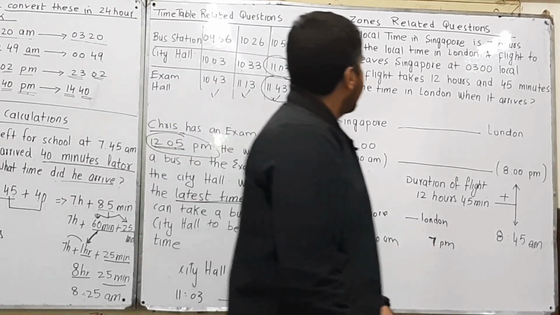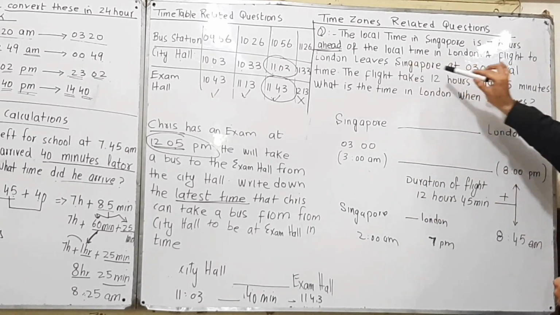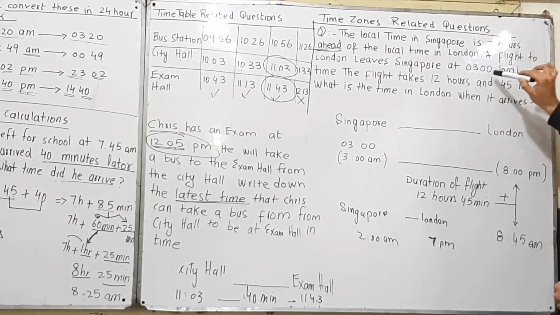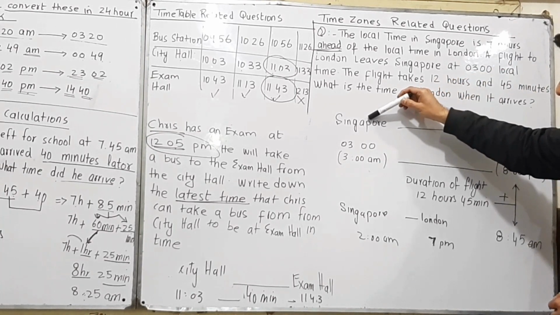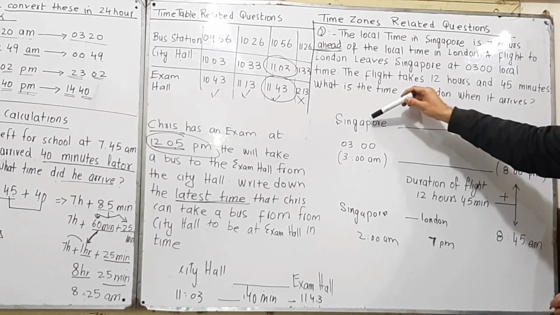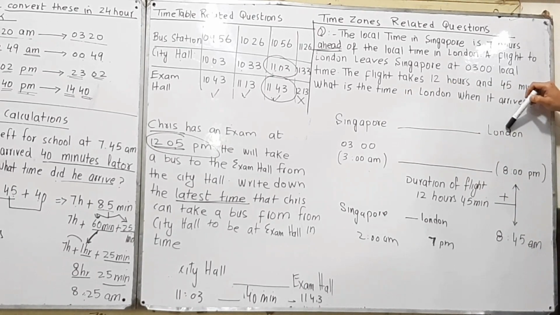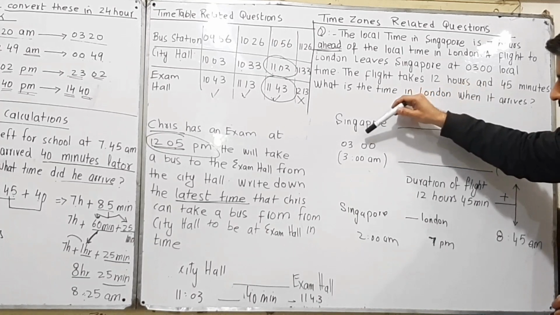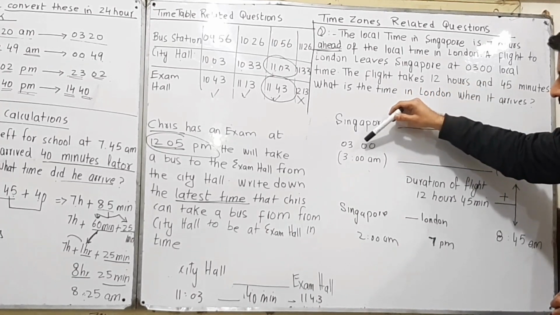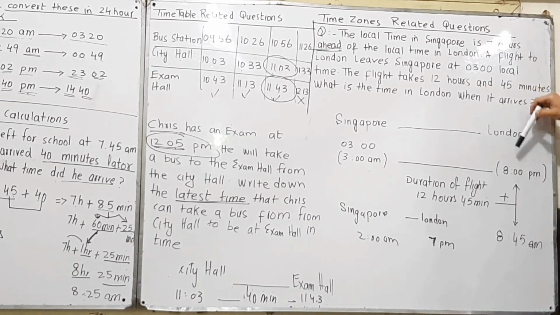So the question is, a flight to London leaves Singapore at 3 a.m. local time. We are at 3 a.m. according to Singapore. The flight left from Singapore and has to go to London. Now when there is 3 a.m. in Singapore, London time will be 8 p.m. Why?